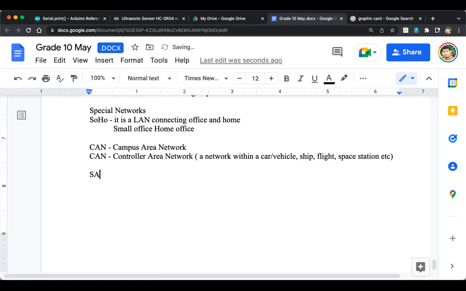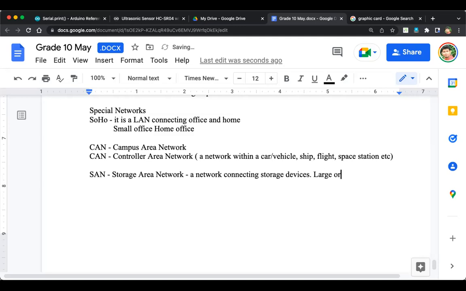And there's something called SAN, storage area network. A network connecting storage devices.